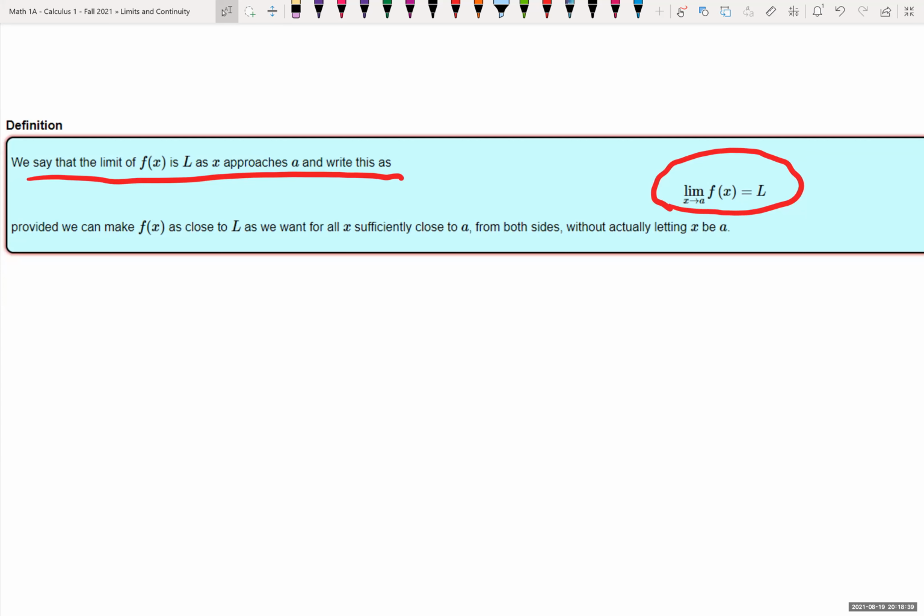And we say that this limit as x approaches a of f of x equals L, provided we can make f of x as close to L as we want for all x sufficiently close to a, from both sides, without actually letting x equal a.